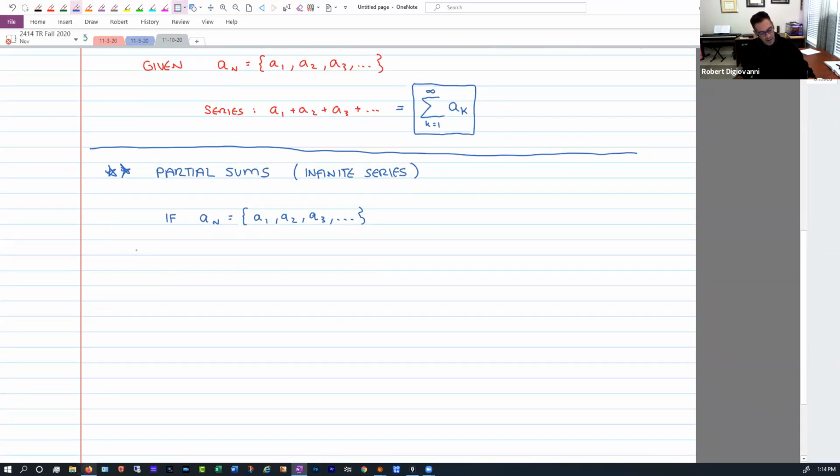Then we will define what we call the nth partial sum as follows.